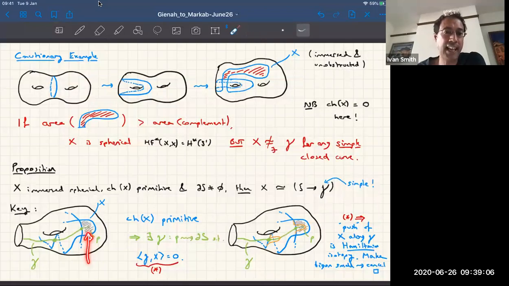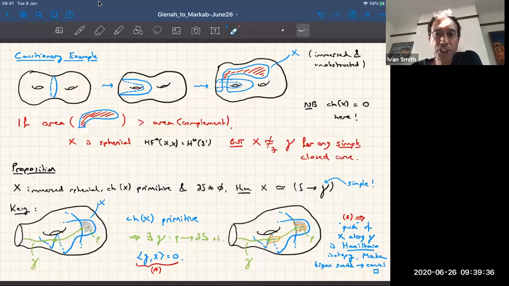It doesn't contain any more of X. And we would like to deform X to cancel this away and simplify the total number of self-intersections. And this primitivity hypothesis on the Chern character means that we can find an arc that goes from a point P inside this bigon out to infinity, but which has total algebraic intersection number 0 with X.